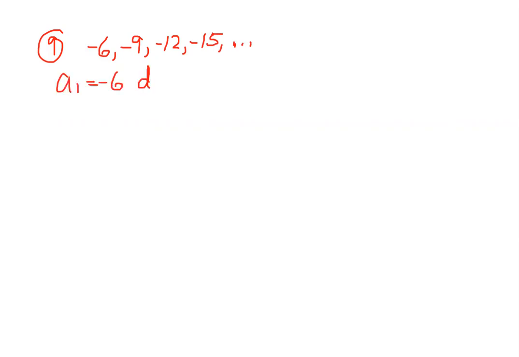Okay, number 9. -6, -9, -12, -15. A1 is -6. D is -3. And we find that by saying -9 minus -6 is -3. -12 minus -9 is -3, and so on.